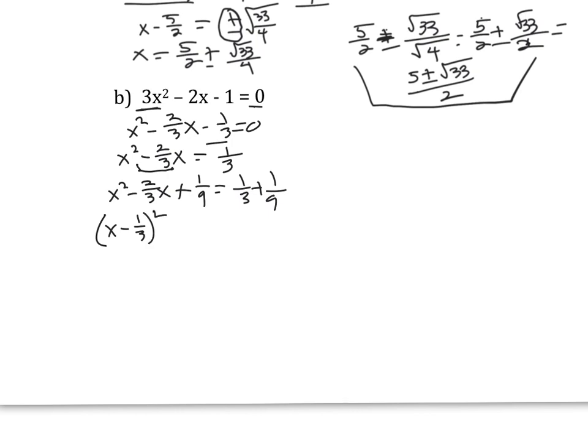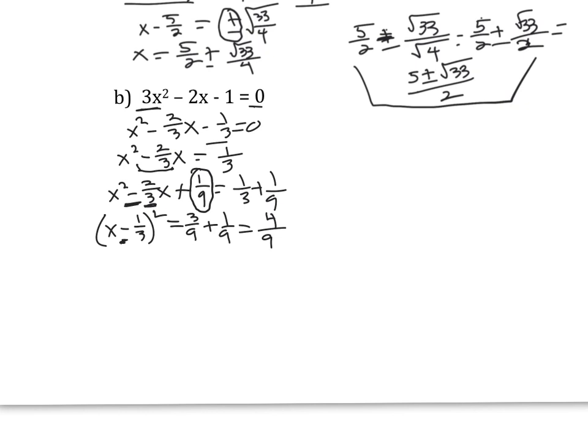So again, notice that because this is a negative number, this is going to be minus here. And the number 1/3 is equal to the square root of 1/9, and it's also equal to half of this coefficient of x, negative 2/3. So we end up with x minus 1/3 squared equals 3 over 9 plus 1 over 9 to give them the same denominator, which is equal to 4 over 9.